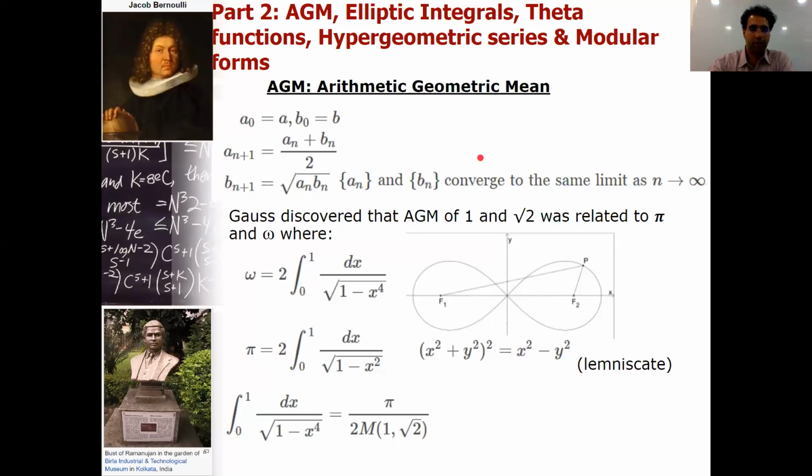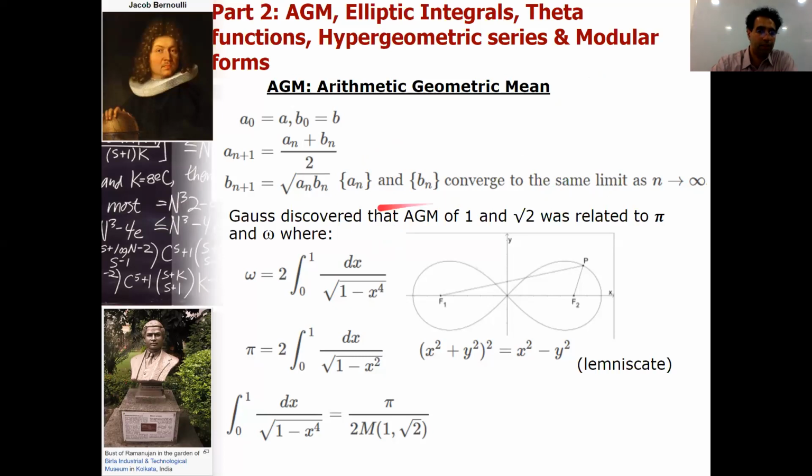And then we keep doing this, and we find that the sequences a_n and b_n will converge to the same limit as you keep doing this process. As n tends to infinity, a_n and b_n will converge to the same limit.